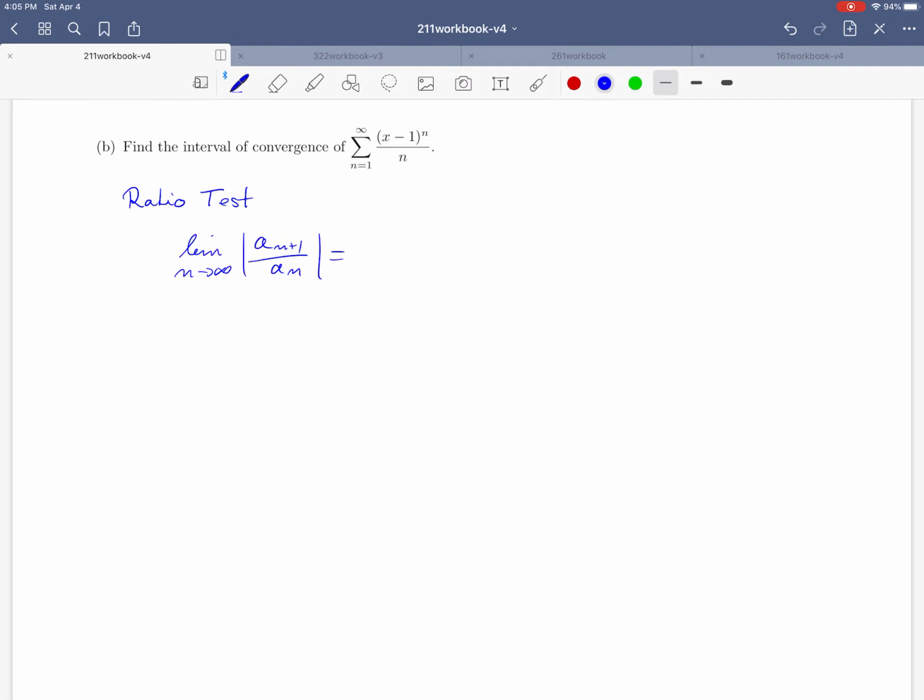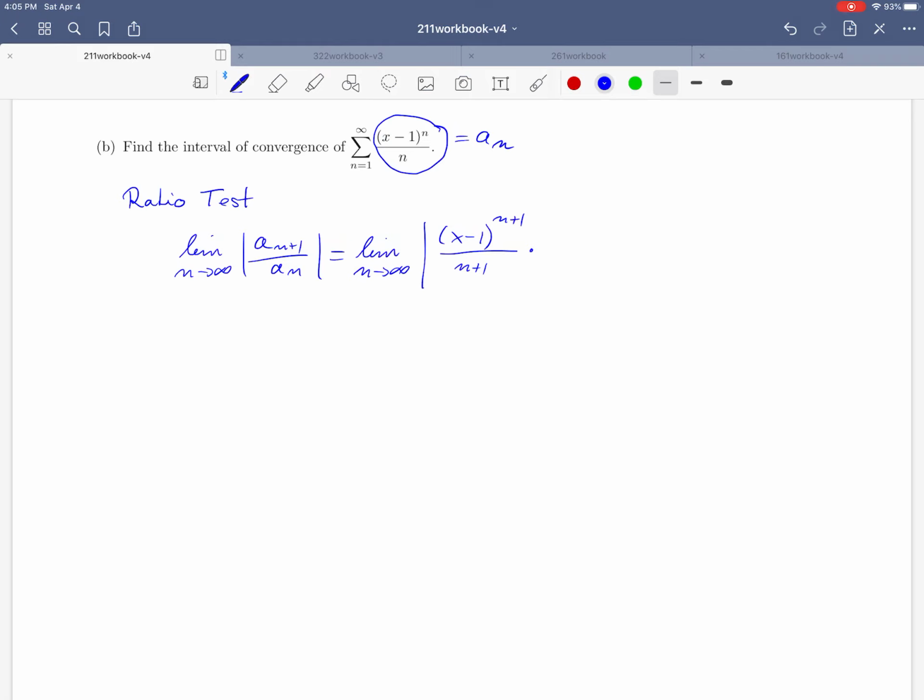For this particular series, this is a_n. And so we get the limit as n goes to infinity, a_(n+1), that is (x minus 1) to the n plus 1 divided by n plus 1.